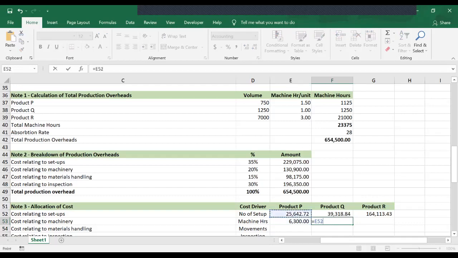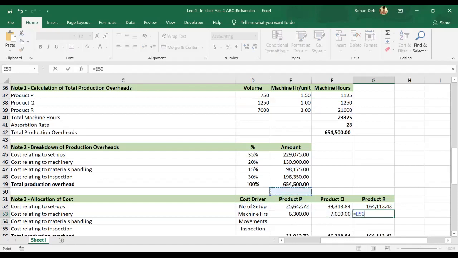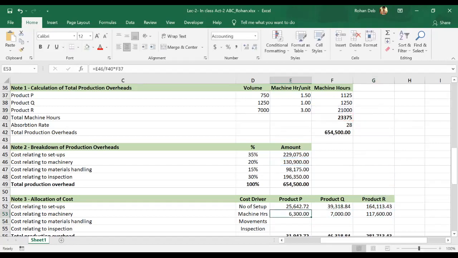I'll quickly do these so you can also try this on your own, to get a grasp of how to calculate and use the Excel sheet, because you might have to do this Excel sheet calculation during the test. Now you can see the total is matching with 130,900, and this was 130,900.